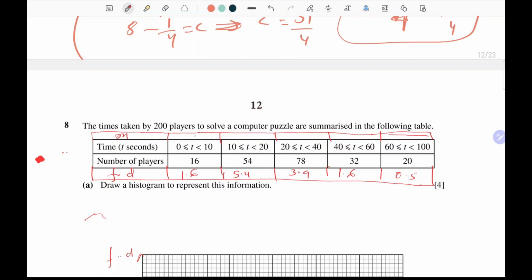So 0 plus 10 by 2, that is 5. Then 10 plus 20 by 2, that's 15. 20 plus 40 by 2, that is 60 by 2, so that's 30. 40 plus 60 by 2, that's 50. And 60 plus 100, so that's 160, right? 160, mid value is 80.